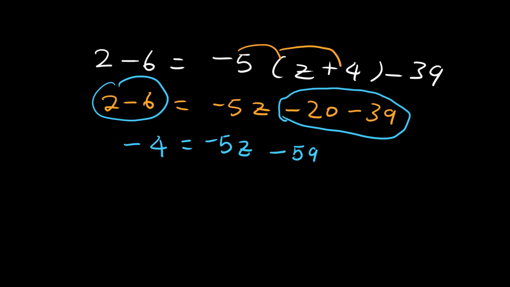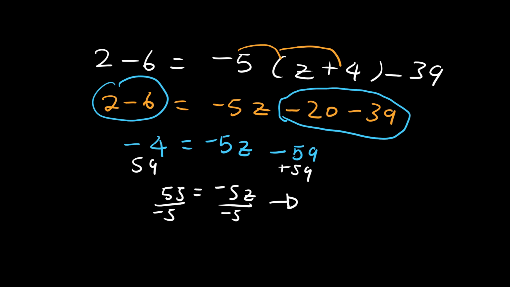Now let's add 59 here and add 59 on this side. 59 minus 4 will be 55 equals negative 5z. So let's divide by negative 5 and let's divide by negative 5 over here. 5 goes into 55 11 times, but our final answer will be negative 11 equals z, or z equals negative 11. Either one is correct.